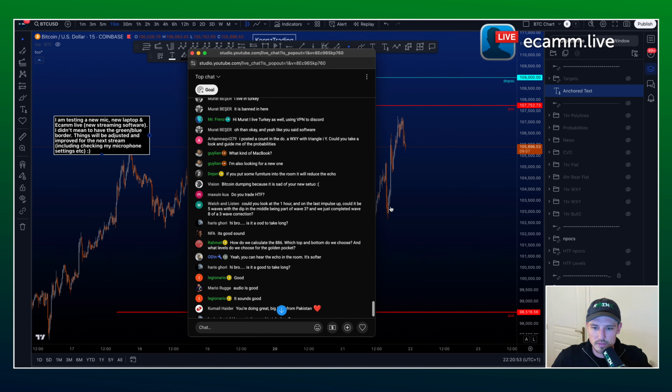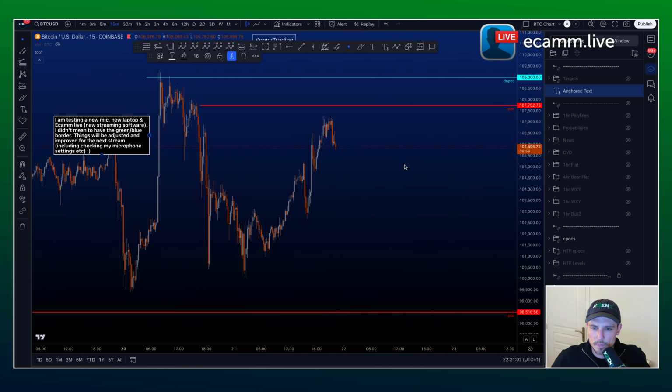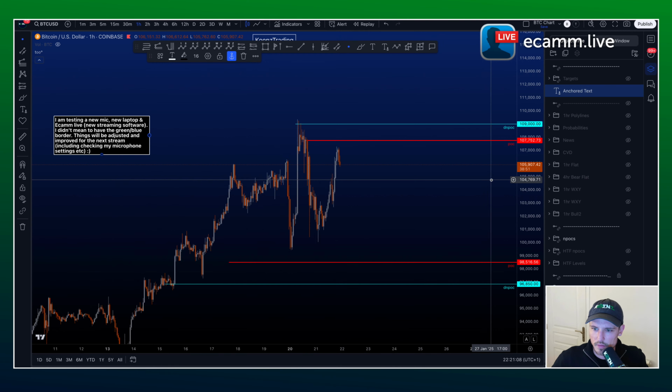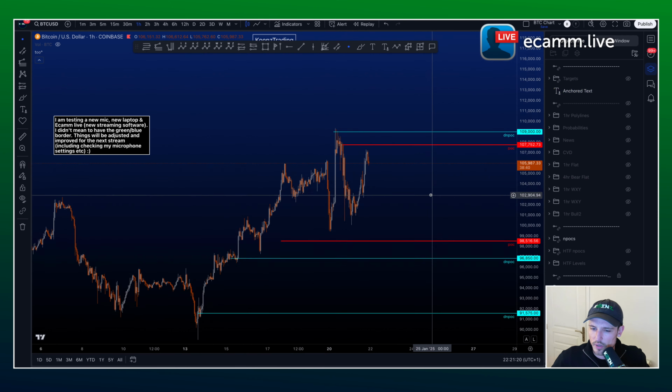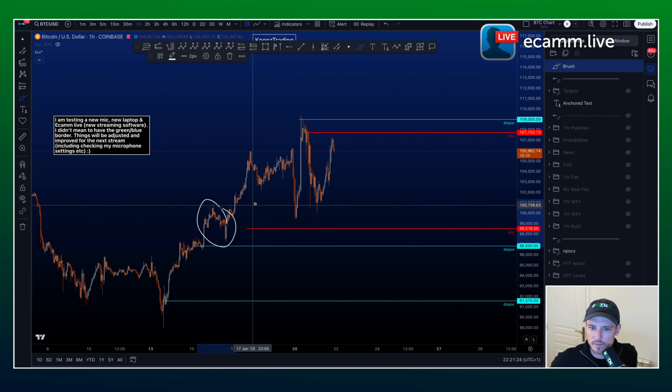Could you look at the 1 hour and the last impulse up? Could it be 5 waves with the dip in the middle being part of wave 3, and we just completed wave B of a 3-wave correction? I'm not exactly sure with the dip in the middle, but this would be my wave 2.